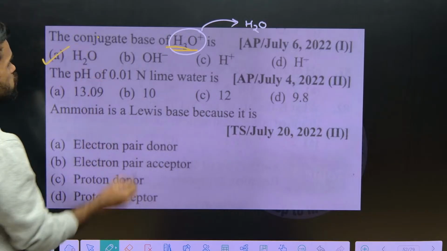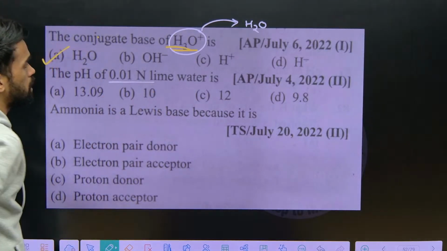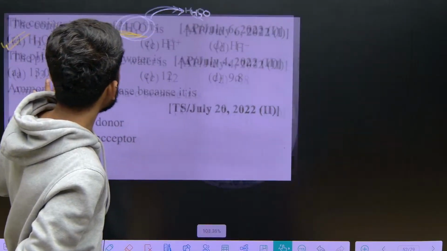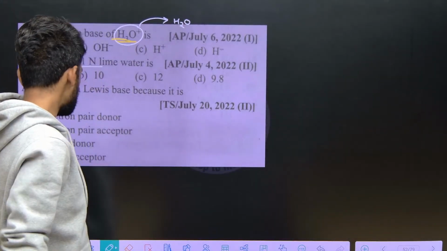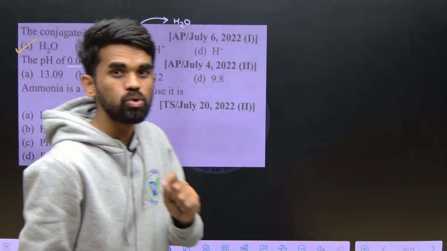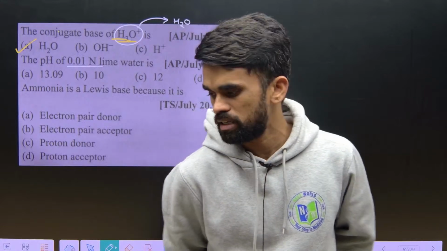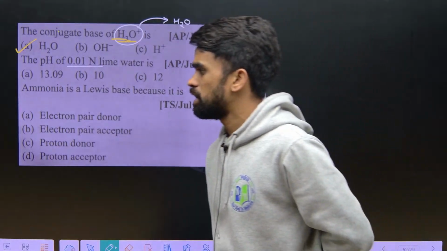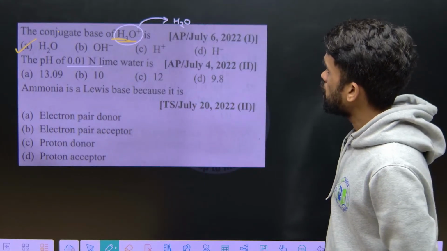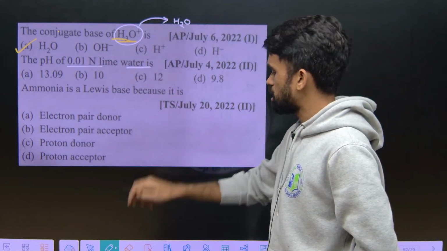Next. pH of 0.01 normal lime water. See, they are saying normality. You need to calculate pH or pOH using the normalities, not the molarities. If you do it with molarities, you might end up with a wrong answer whenever the n factor is different. Now lime water is a basic solution.